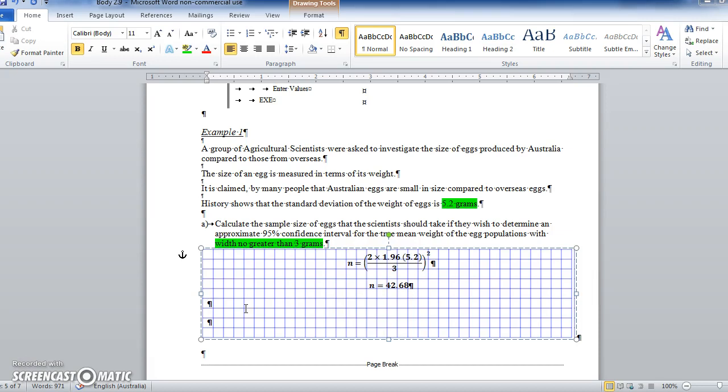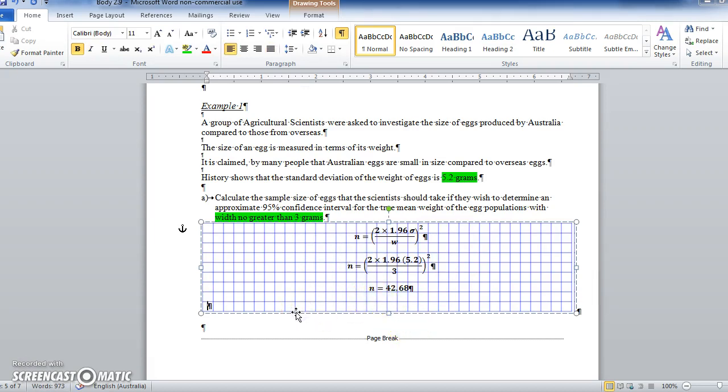So remember that as the sample size increases, your width is going to decrease, because there's an inversely proportional relationship between the sample size and the width. Probably just for good measure you could write the formula there, but it doesn't really matter.